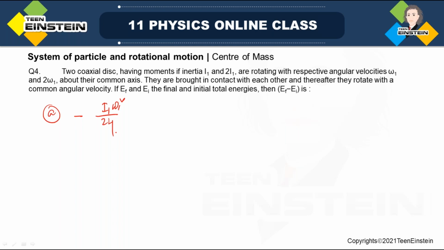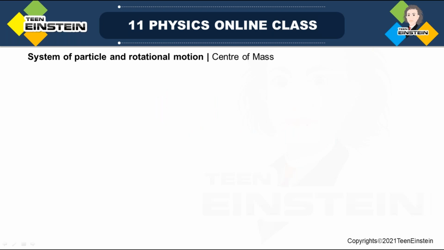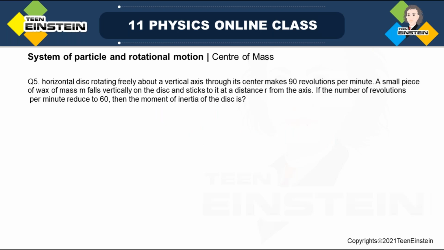Now we'll take up one more quick problem and then we'll conclude. This problem is a little lengthy, but we will solve it for our understanding.